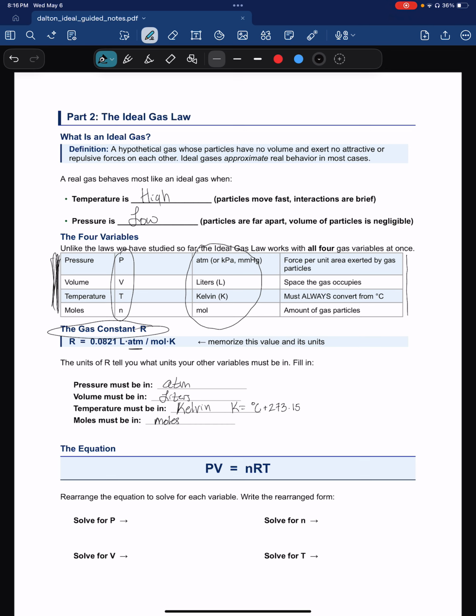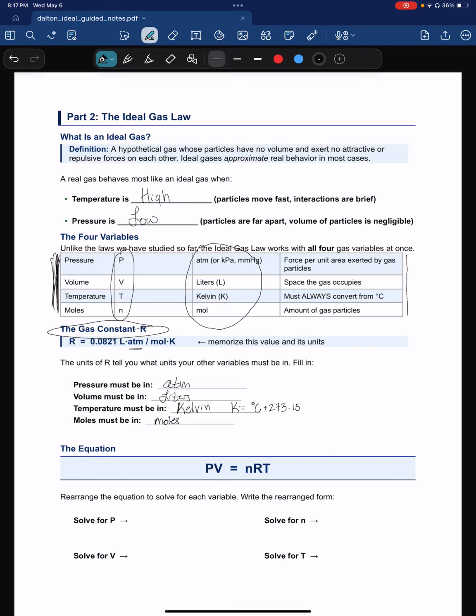Great. All right, so below here, I have our equation. PV equals nRT. It's often referred to as PIV-NERT. I don't know why, but even to this day, I first learned this when I was in 10th grade. That was in 2010. That's 16 years ago. And I still remember this.